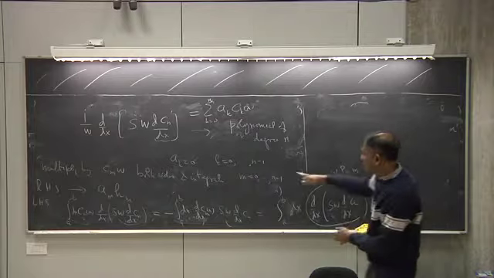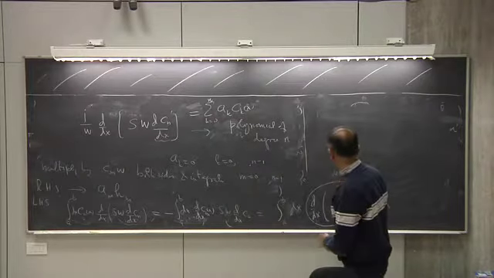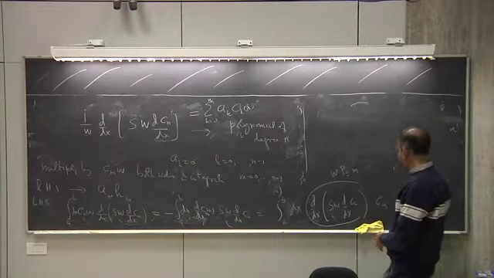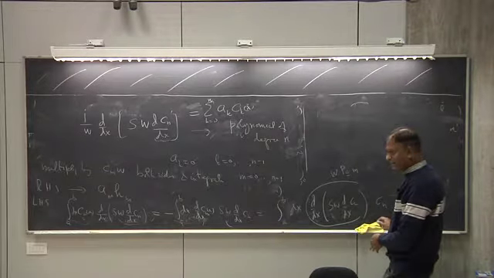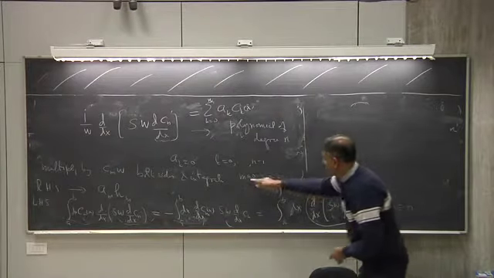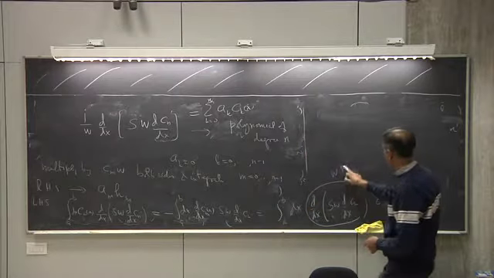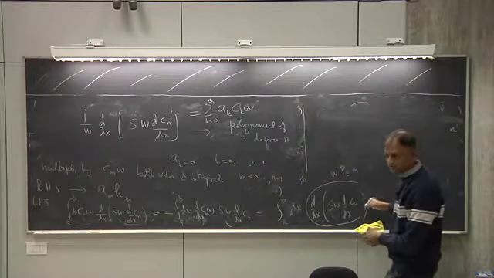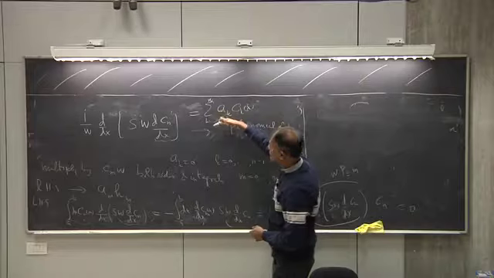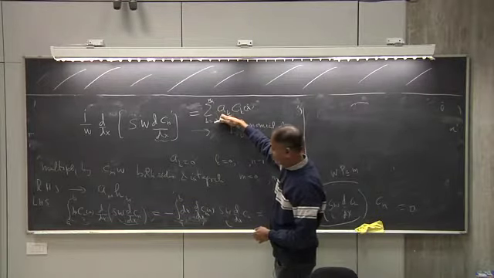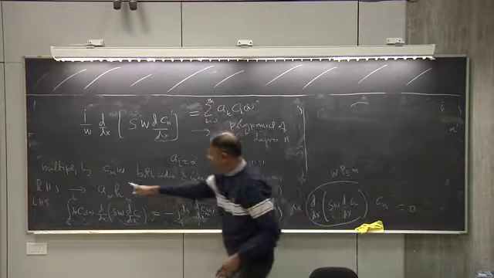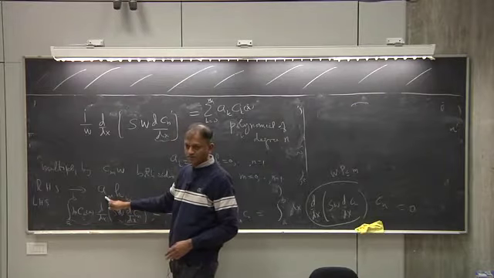But for m between 0 and n minus 1, this will be 0. So this vanishes for this range, m equals 0 to n minus 1. The only non-vanishing case is when m equals n, when this is an nth degree polynomial, and that's not 0. But the point to show here was that all the lower terms vanish, because the left-hand side is that and the right-hand side is 0, and since this is not 0, that means a_m is 0.